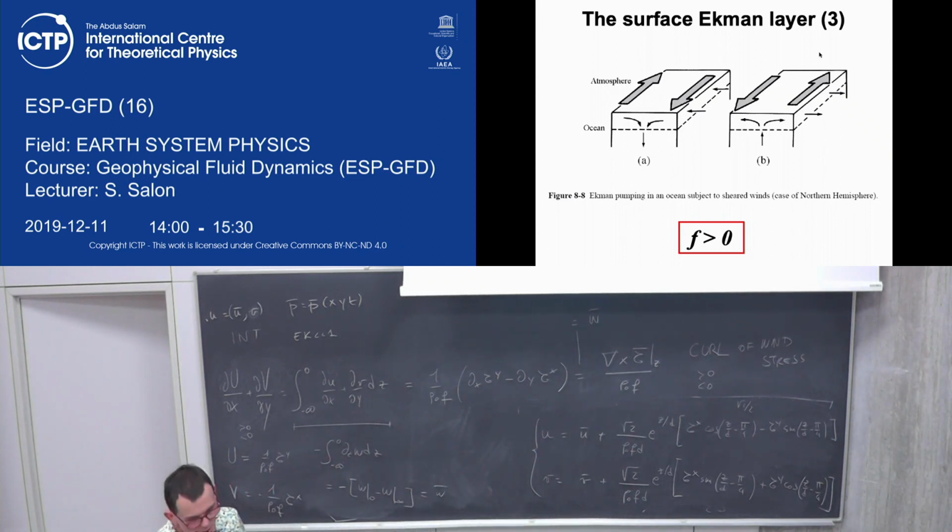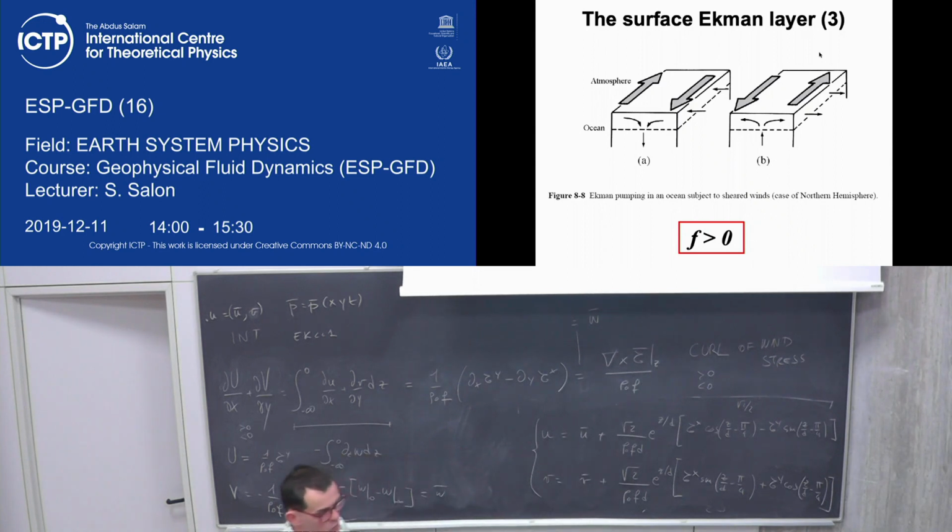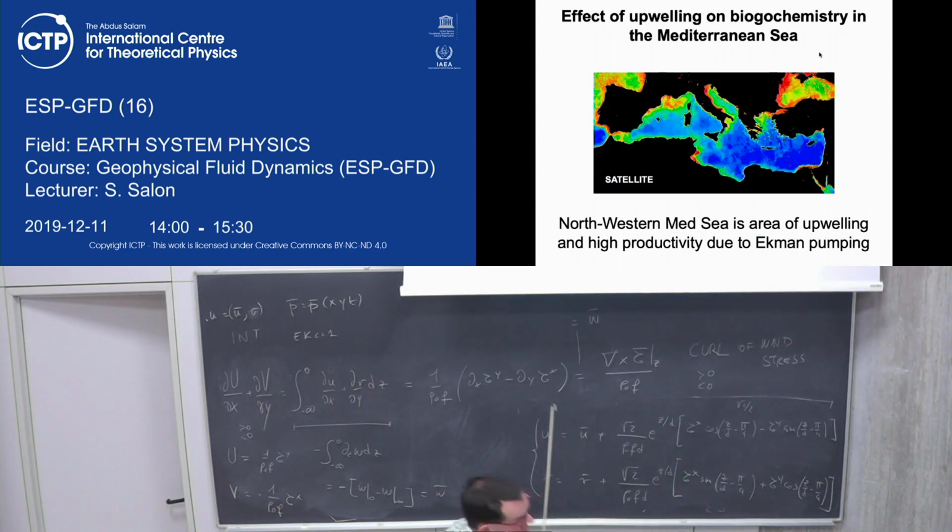Because think about how to create a vertical motion in a fluid which is typically stratified. We will see how much energy you need to create this kind of motion. So this kind of motion is strategic to have what we call the production.